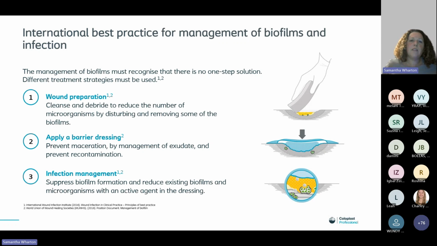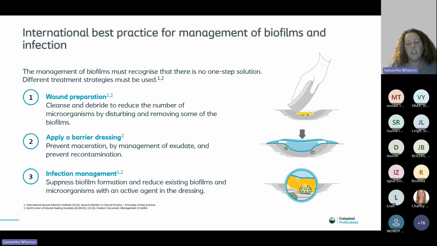So the international best practice for management of biofilms and infection, again, is a 3-step. So it's doing that wound preparation. So it's cleansing and debriding to reduce the number of microorganisms by disturbing and removing some of the biofilms. Applying a barrier dressing that's going to prevent that maceration.